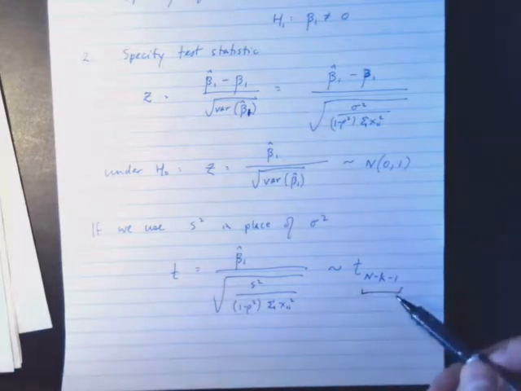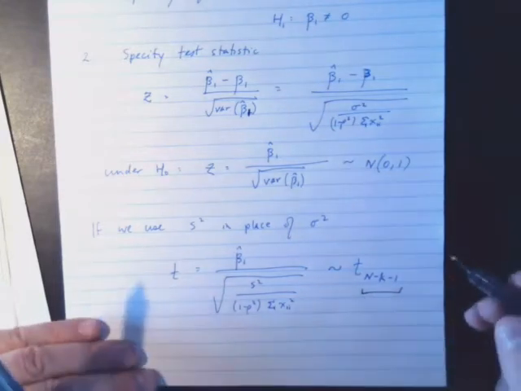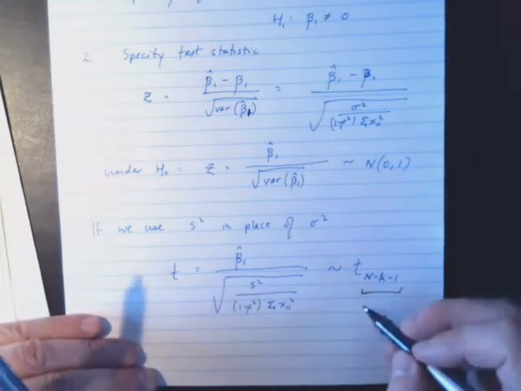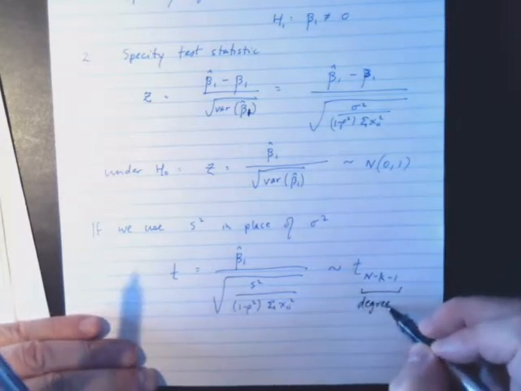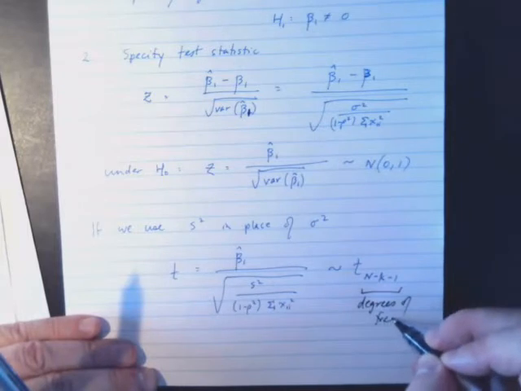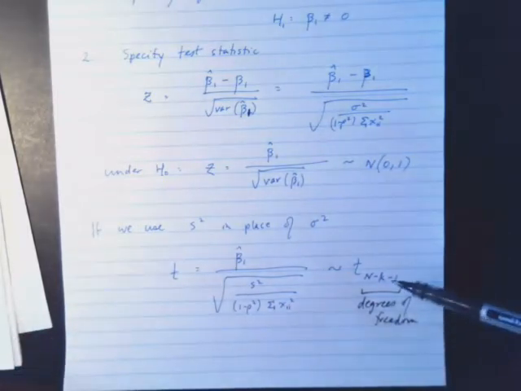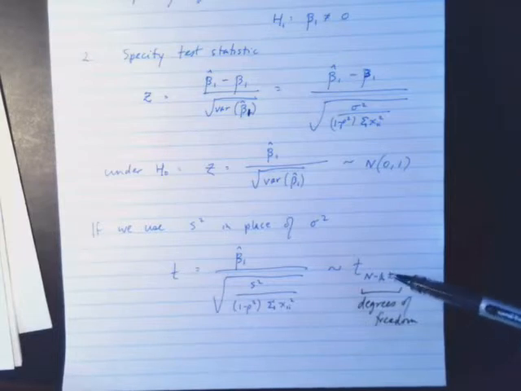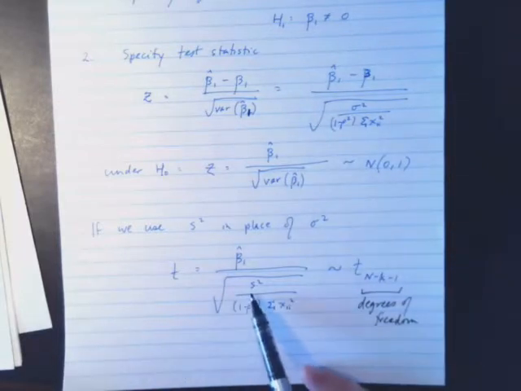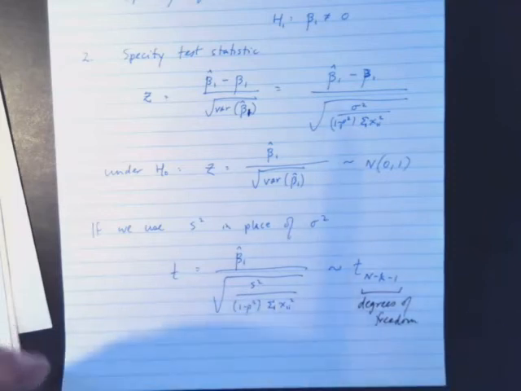You need to know what your degrees of freedom are, so you have to calculate those correctly. Degrees of freedom. And that is how we take into account the fact that we're using s squared, and s squared has that degrees of freedom adjustment in it, as we saw on the previous page.